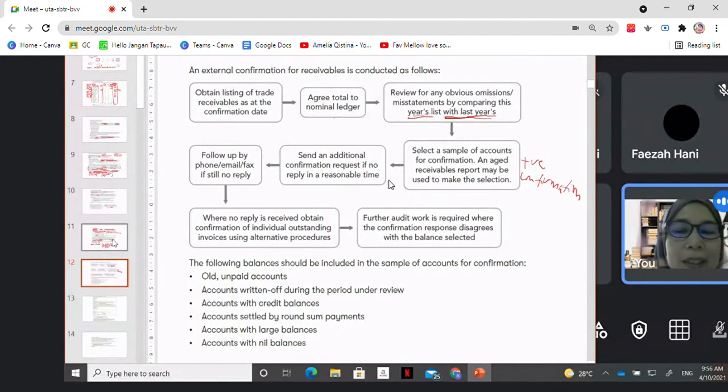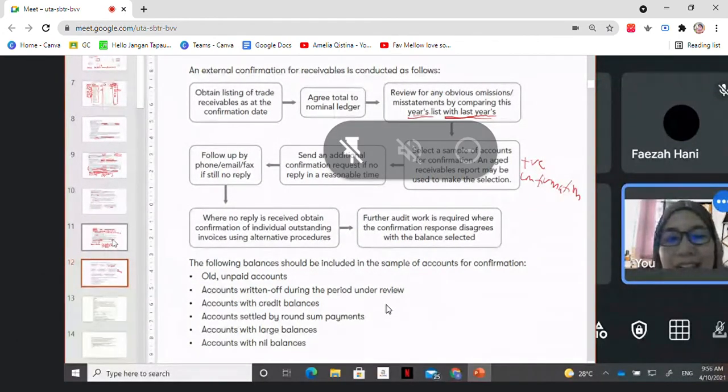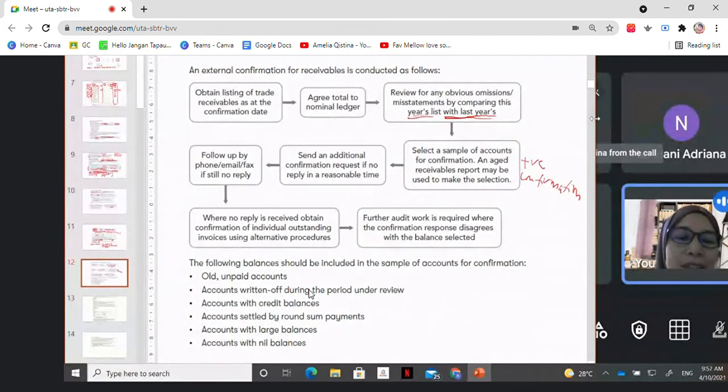Fatin get my question or not? Tak boleh dengar. Line tak bagus ke? Oh. Ani. Ani, so what's the positive confirmation? Why I choose to send a positive confirmation?